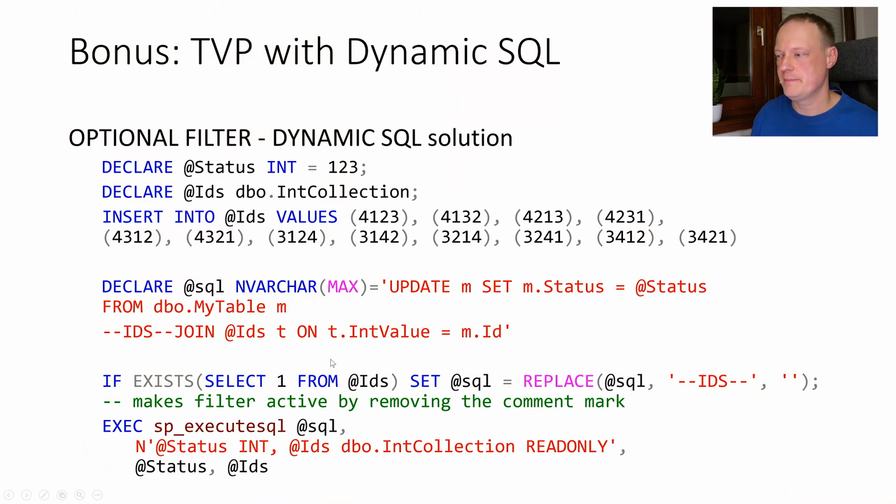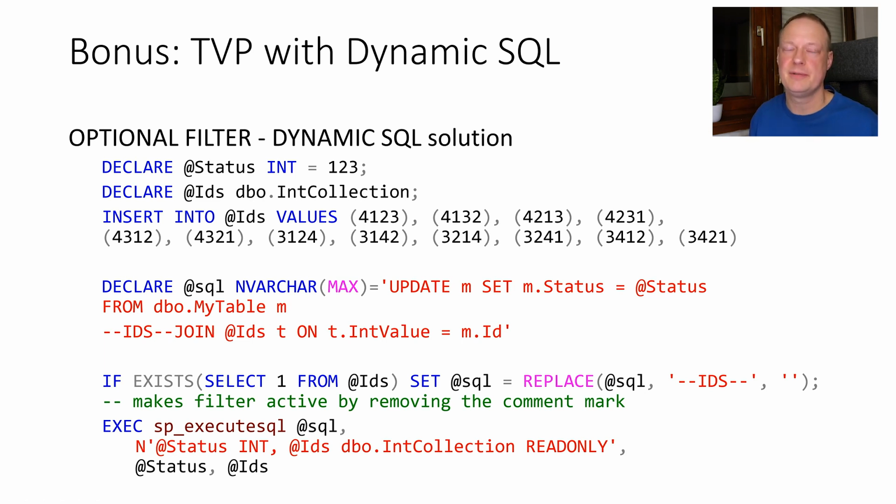And therefore, we are testing in the code, do we have any rows inside? If yes, we will remove this minus minus tag. We will replace it with an empty string. That will effectively delete this minus minus IDs minus minus, and this join will be in effect.